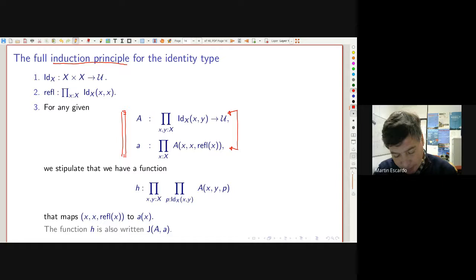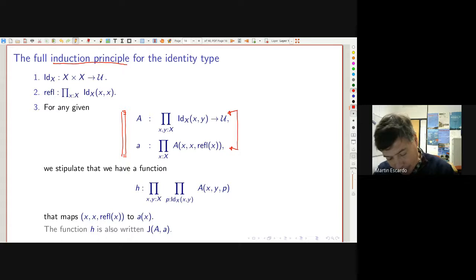Usually an induction principle tells you how to prove things for all elements of some type. So if you want to prove that a property holds for all natural numbers, you prove it for 0, and then you prove that if it holds for n, it holds for the successor of n. And if you did that, then you prove it holds for every n.